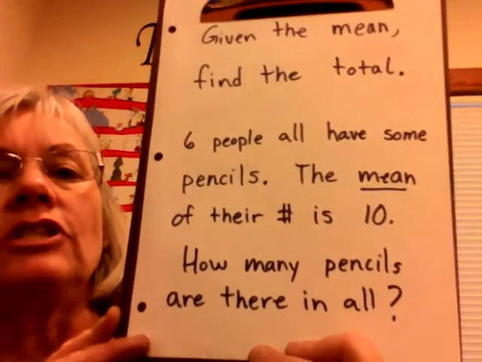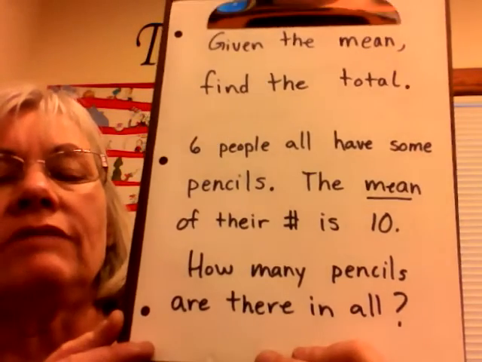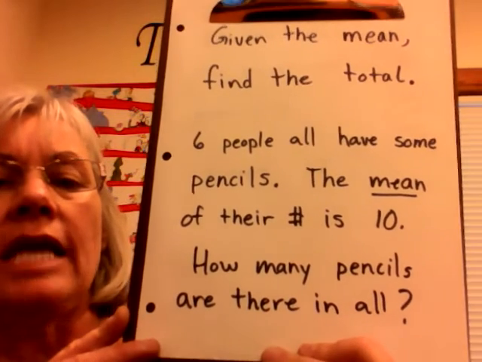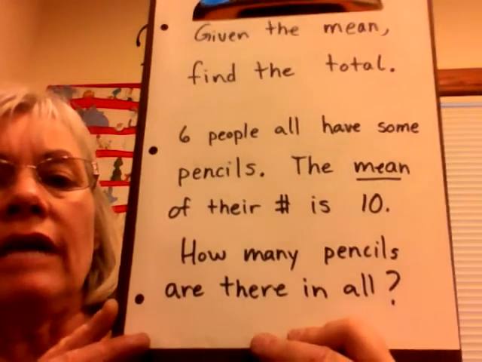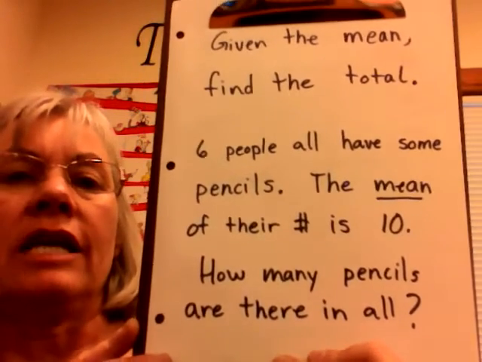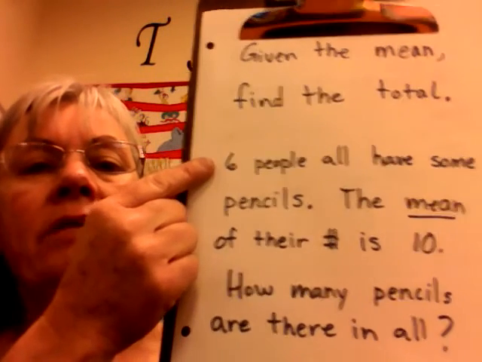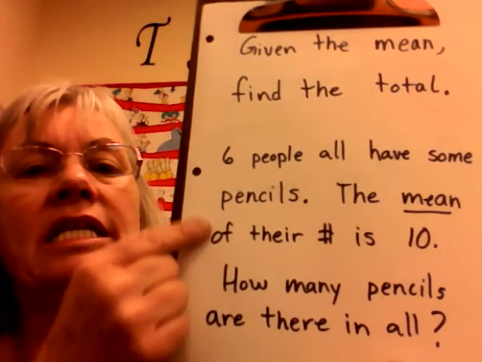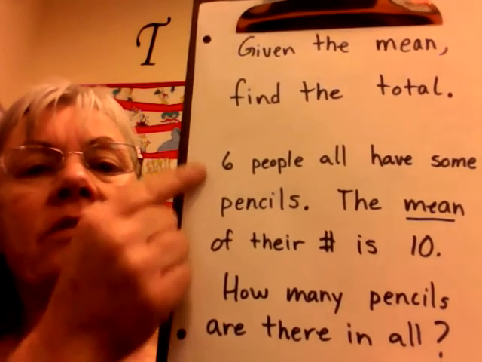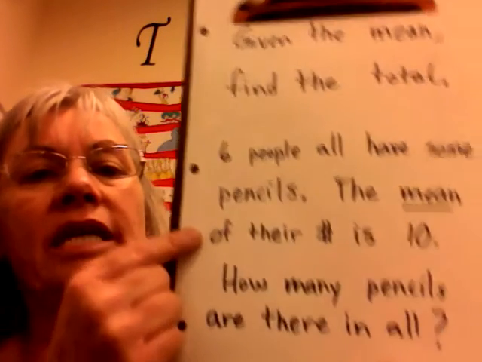So if everybody had the same amount, their average or the mean would be 10. Now we can figure out how many pencils there are all together, because we know 2 parts. We know how many people, and we know that if the pencils were divided exactly evenly among all of those 6 people, everybody would get 10.